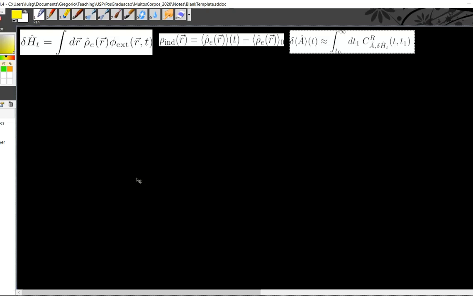Okay, so this is the response function. This is then what I'm calling delta, the expected value of the charge at a position r as a function of t.